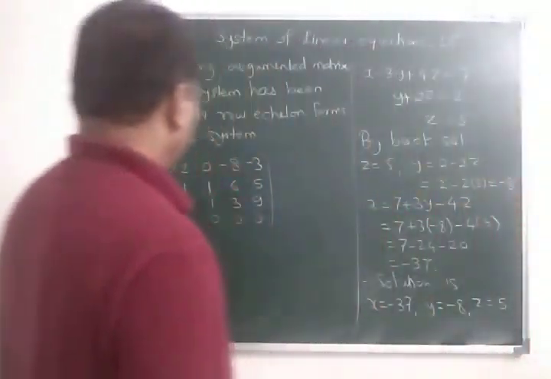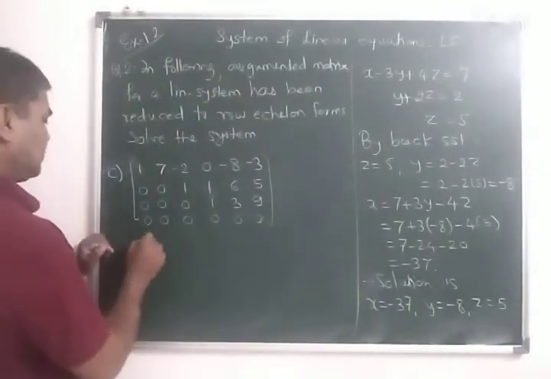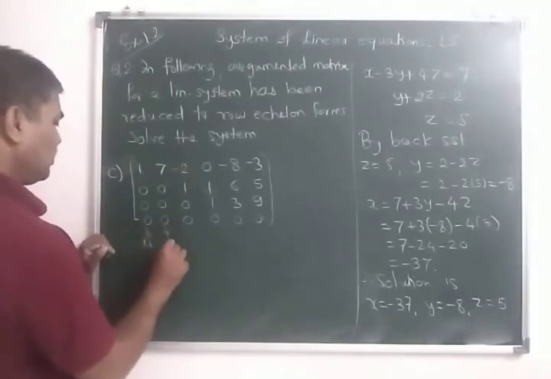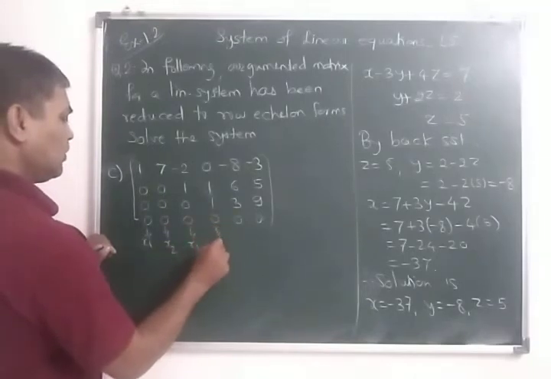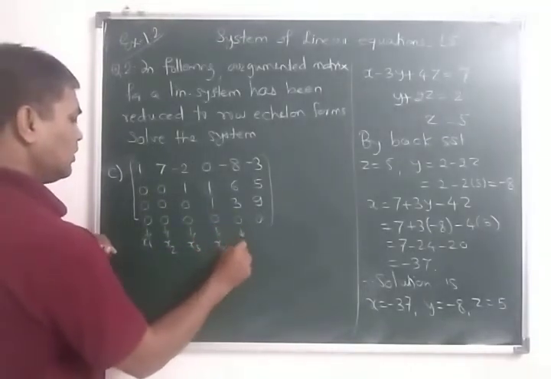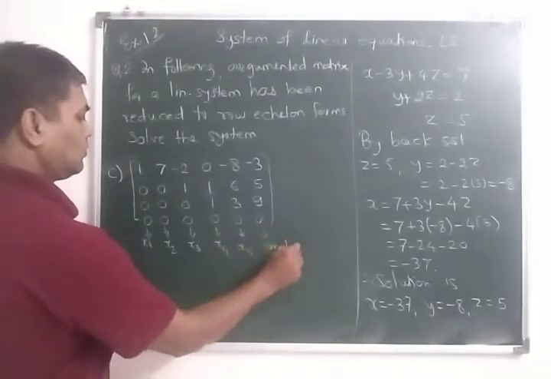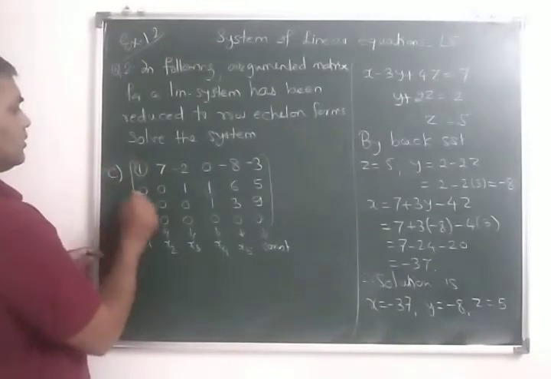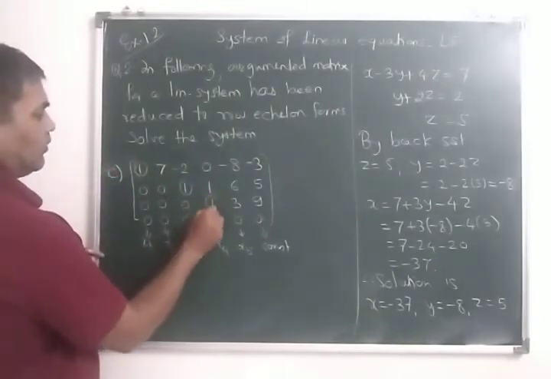So here we have more variables, so I will denote them as x1, x2, x3, x4, x5, and these are constants. Now this is your leading one, this is your leading one, and this is your leading one.